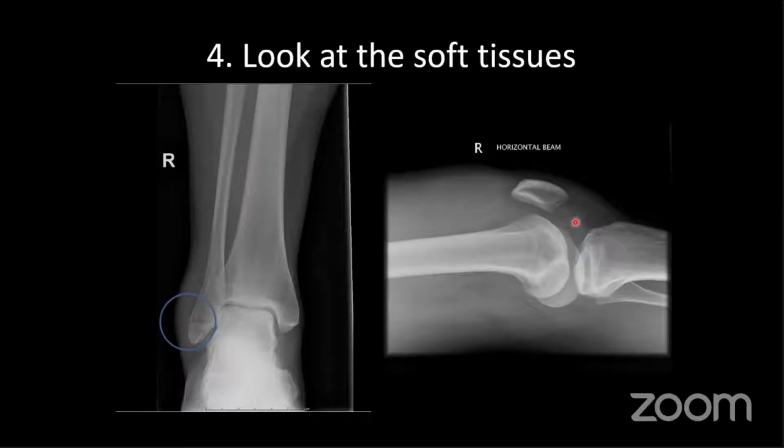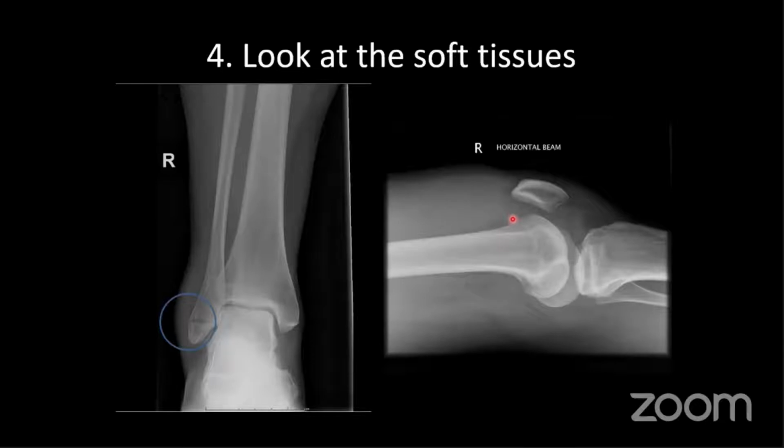This should look like this fat density here. And I don't know if I can convince you, but there's a rounded opacity here, which is displacing the patella tendon upwards. And this is because there's fluid in the suprapatellar pouch.